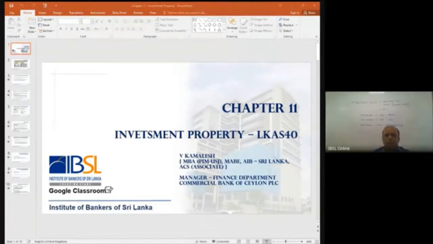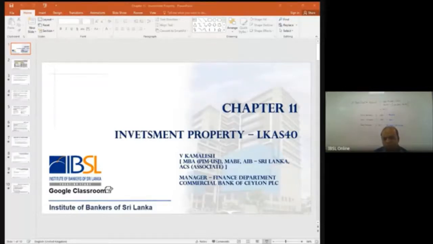If you can recall at the beginning of the standard LKS 16, we said LKS 16 will apply wherever no other standard is applicable for this particular asset. So this is one such scenario where for certain fixed assets which are specifically on property, if LKS 40 is not going to come into the picture, then you will have LKS 16.